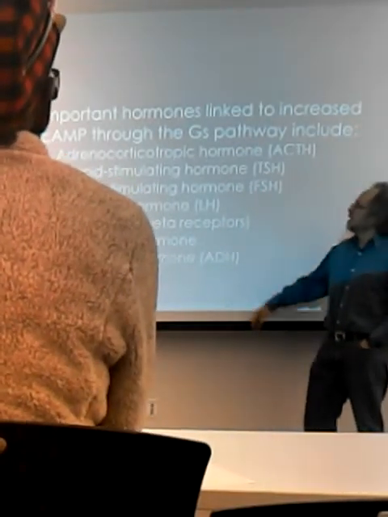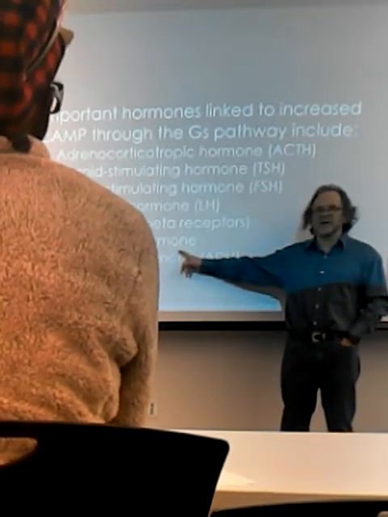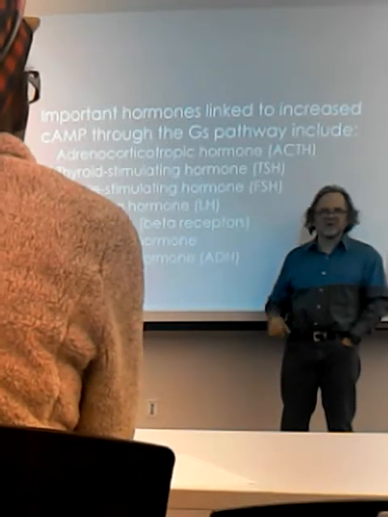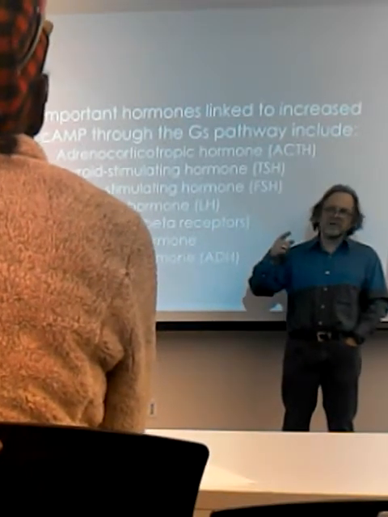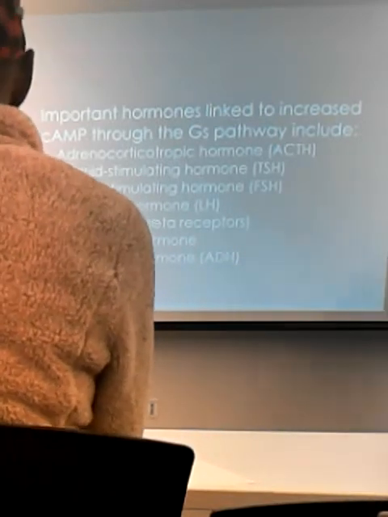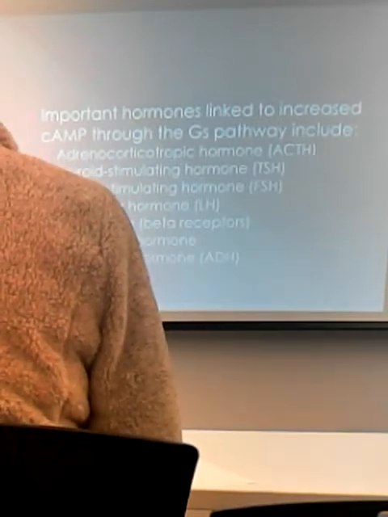Epinephrine, you know about epinephrine. Parathyroid hormone, calcium balance, we know about that. ADH, we just got through the renal unit. That's stored in the posterior pituitary, made in the hypothalamus. And glucagon, we're going to get to glucagon. It is the yin to insulin's yang.